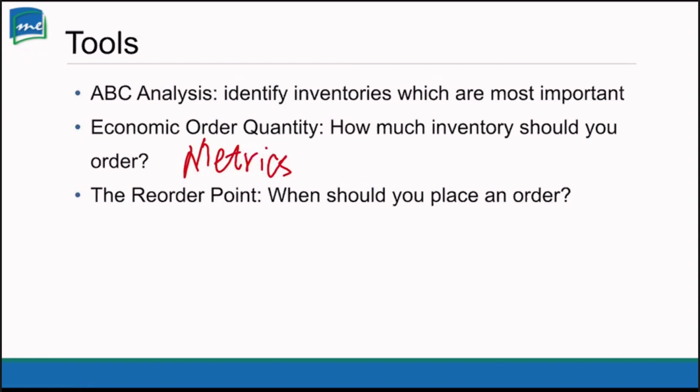The 3 tools of the how dimension are ABC analysis, the economic order quantity, and the reorder points, respectively. And the 3 metrics are the measurements we always use to evaluate how great the inventory management is.